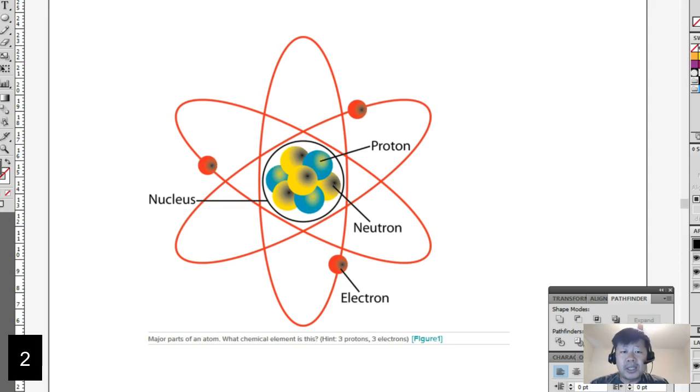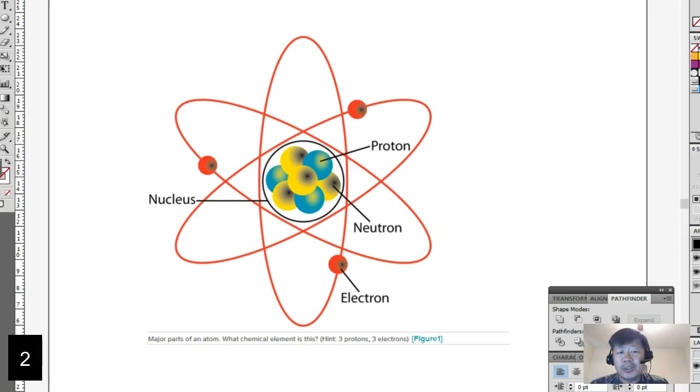You have protons and neutrons in the center. What you also see in this is that the electron circles around this nucleus because of positive and negative charges. So the protons have positive charges, the electrons have negative charges.